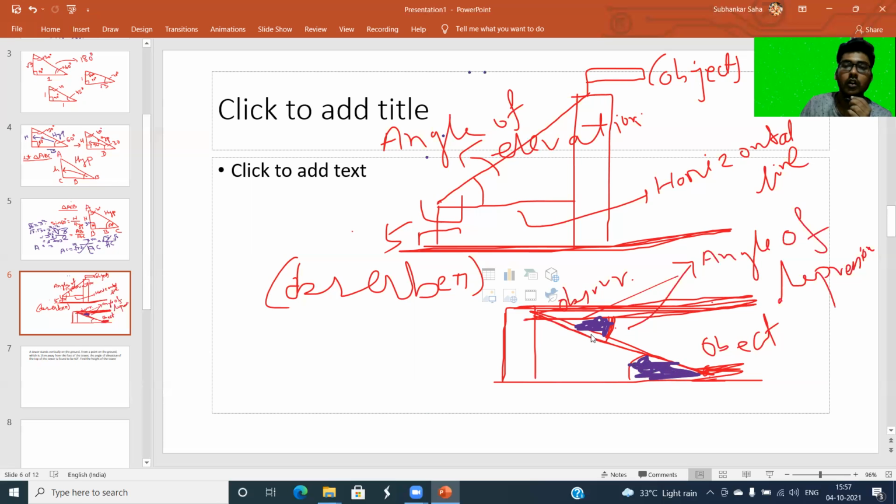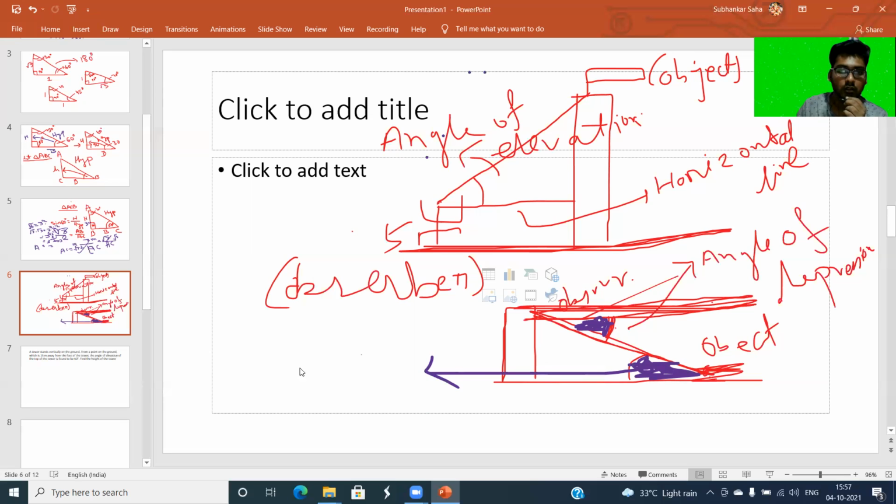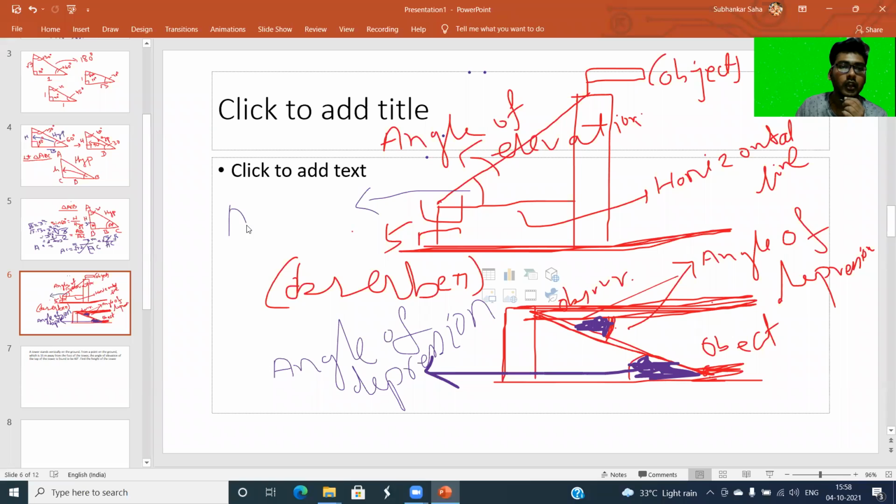It is the angle of depression, and it is the angle of elevation.